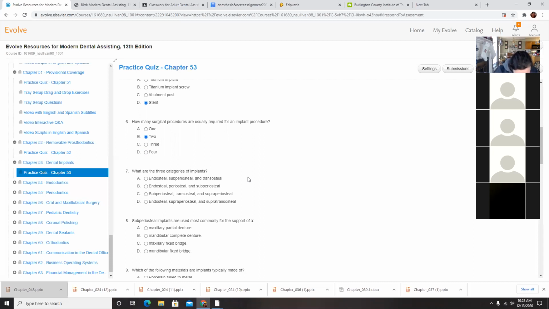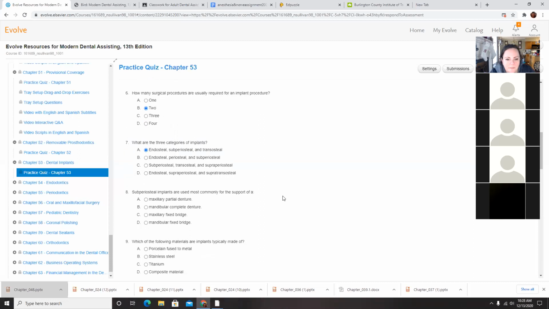Endosteal. It looks like transosteal, subperiosteal, and endosteal. Okay. So I had to look that up myself, but that is on page 892 if you have the 12th edition. If you look for figure 53.5, for those of you with the 13th edition, you should be able to find it there too.